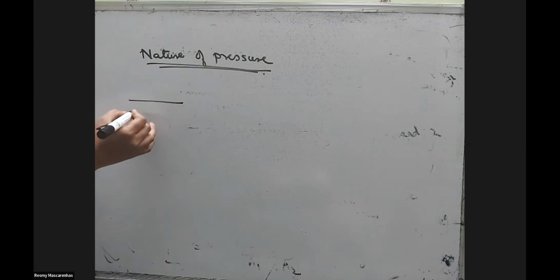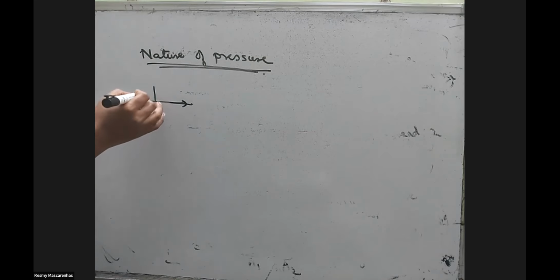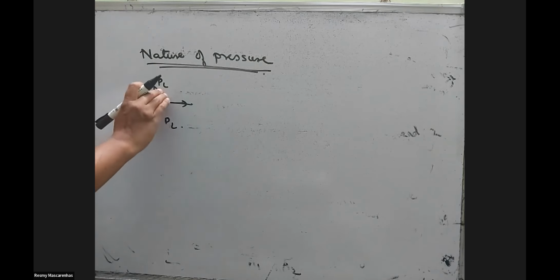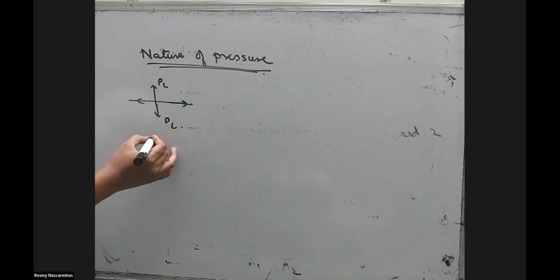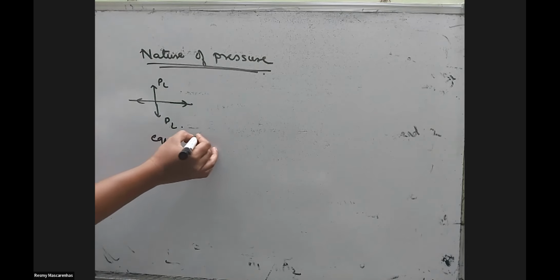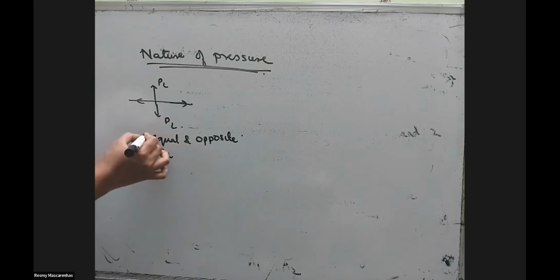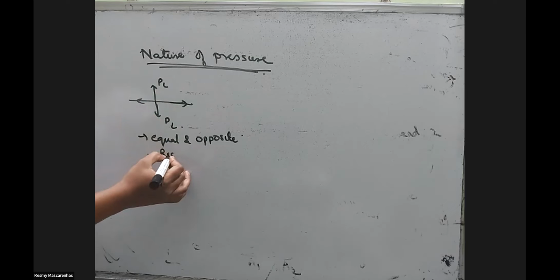This is the reference area, and there will be some pressure. This is the reference line. Now on both the sides there will be pressure. If it's a flat surface, then there's no difference of pressure. Equal and opposite here. The resultant force will be zero. They will cancel out each other.